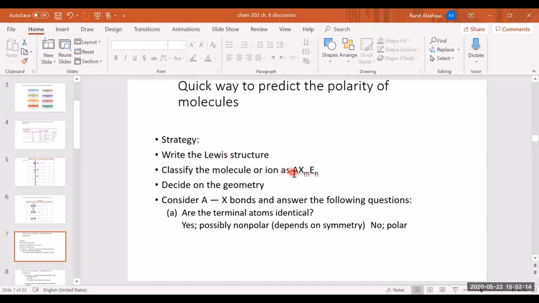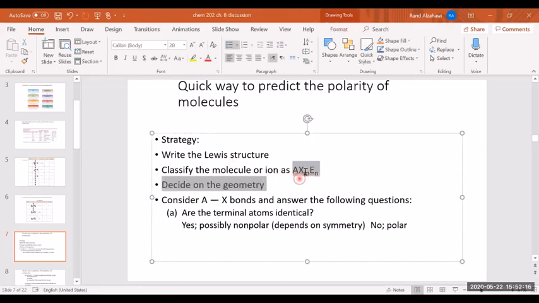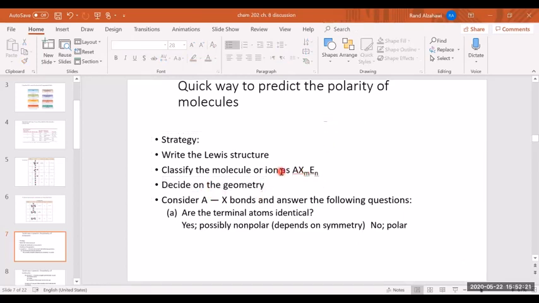Classify the molecule as AXE. How many X do we have? How many E? How many terminal atoms, or how many lone pairs? And decide on the geometry. Consider the AX bond and answer the following question.